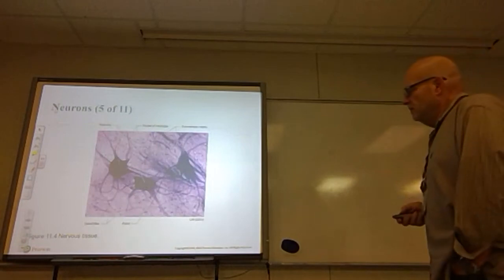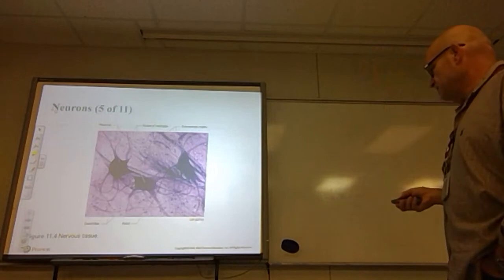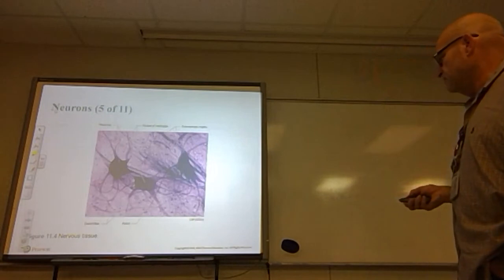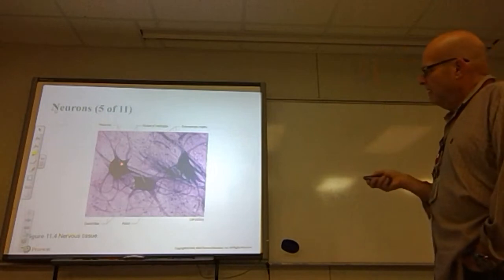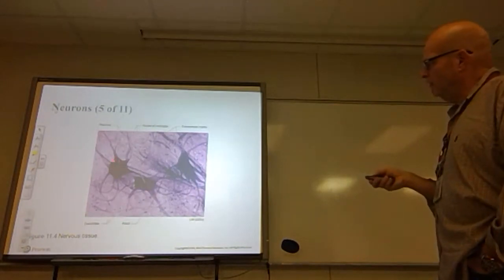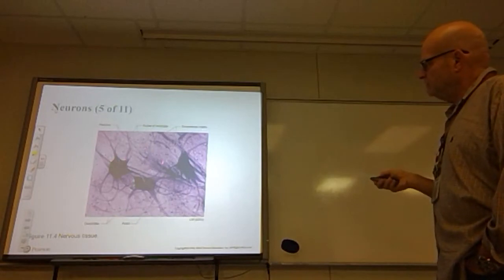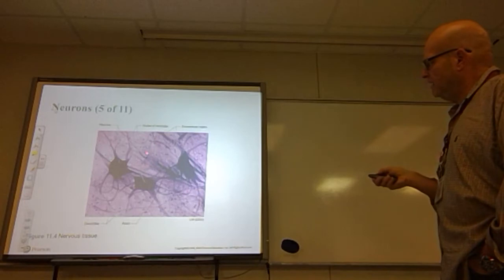And there is a picture of neuron tissue. Looks like it's magnified using a light microscope 220 times. This is a neuron. This component right here is the cell body. The nuclei, which do not show very well on these slides. The extracellular matrix is all this component in here.